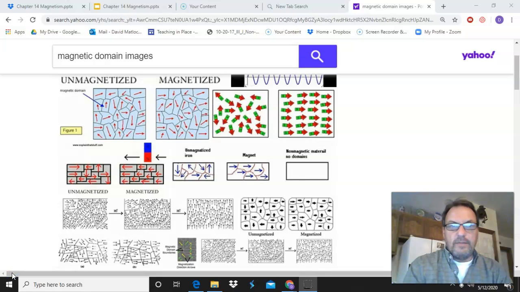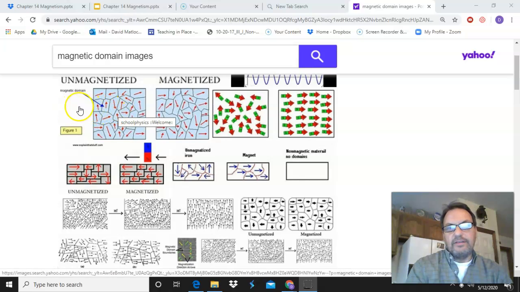All right, when we talk about magnetic domains, I thought it would be beneficial to do a quick search of the images of magnetic domains. And if you will look, the electrons that are in a magnet are floating around freely. And if we look up here in this first one, you can tell they're all going in different directions. They're just very, very random about where they're aiming.